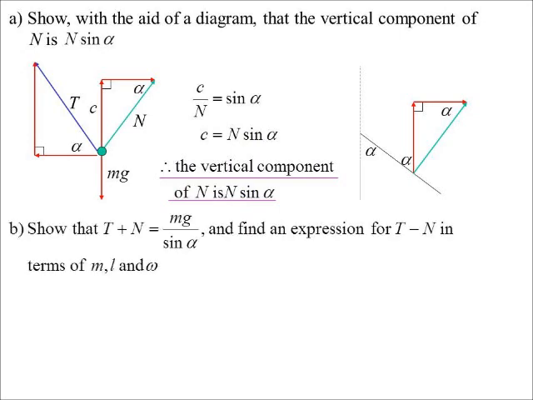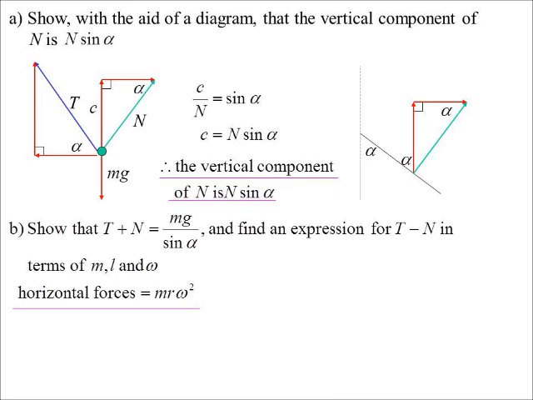We're now going to show that the tension force and the normal force add together to give mg on sine alpha, and then they want us to find an expression for the tension force minus the normal force, in terms of the mass, the length of the string, and the angular velocity. Okay. Horizontal forces, I'm going to use angular velocity because I notice they mention angular velocity in their answer here.